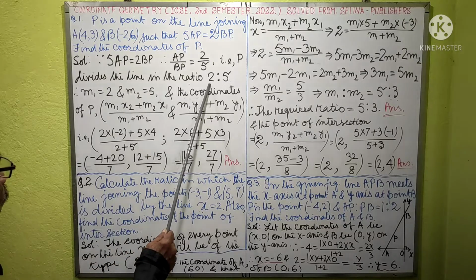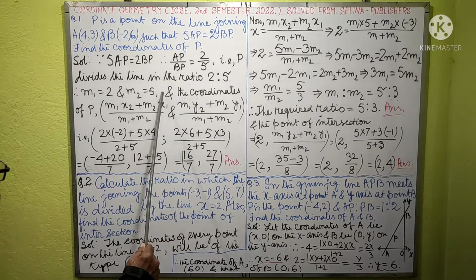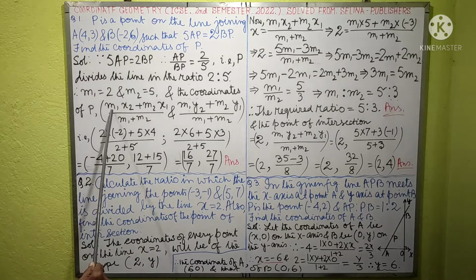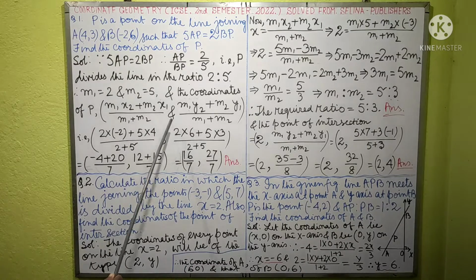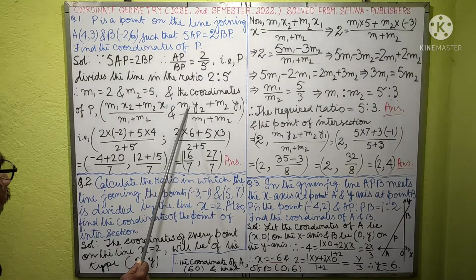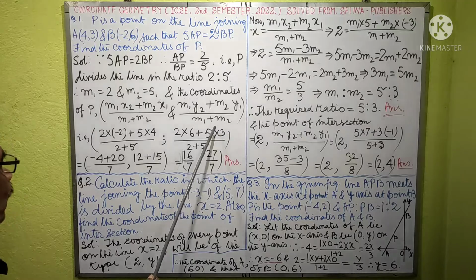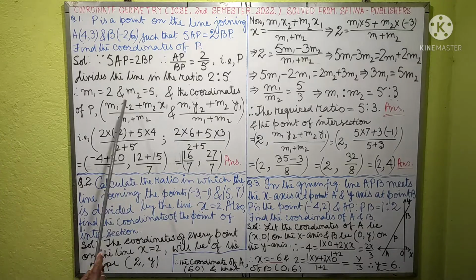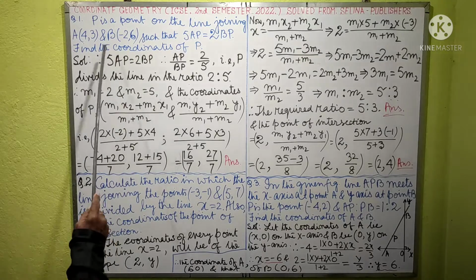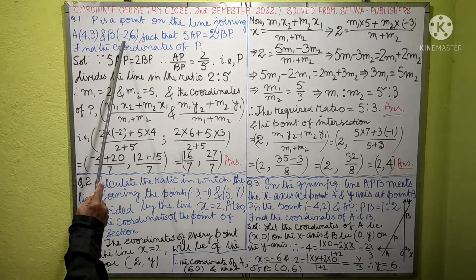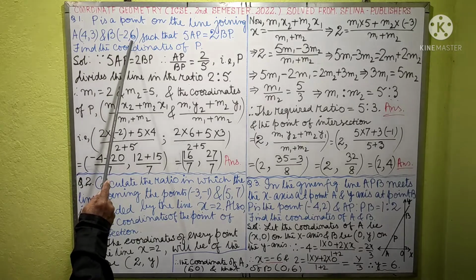Here m1 equals 2 and m2 equals 5, and the coordinates of P will be: x equals (m1 x2 plus m2 x1) by (m1 plus m2), and y equals (m1 y2 plus m2 y1) by (m1 plus m2). Here x1 is 4, y1 is 3, x2 is -2 and y2 is 6.